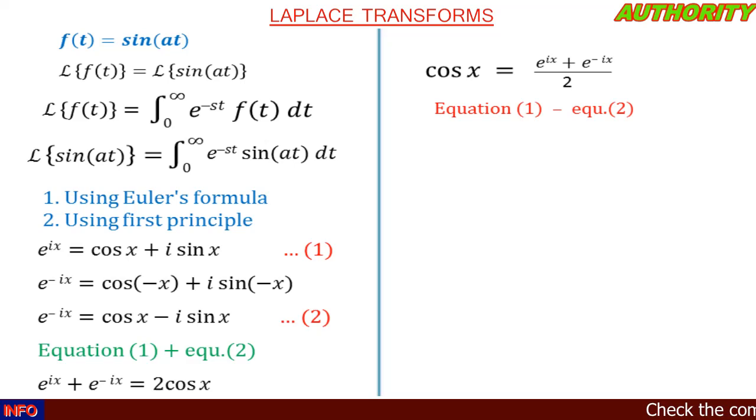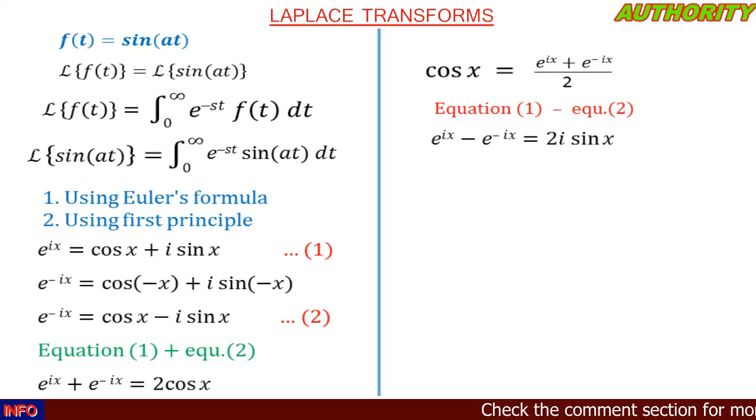In doing so, we have e raised to the power of ix minus e raised to the power of minus ix, which gives 2i sine x, because cos x minus cos x gives 0, and i sine x minus minus i sine x, minus minus gives positive, so we have 2i sine x.